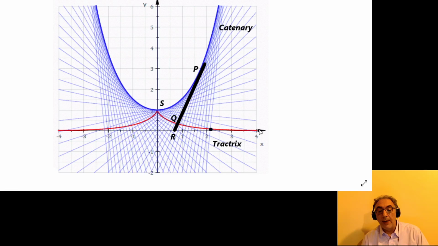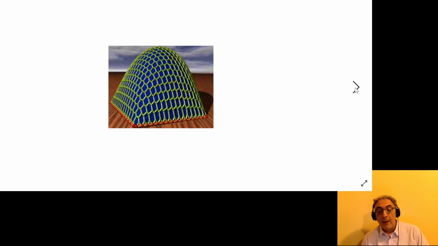The question is, from the same screen, what we obtain if we rotate the catenary curve? The catenary curve can be rotated either in a convex way, giving rise to this geometric shape here, to this form, which is called a catenary dome.